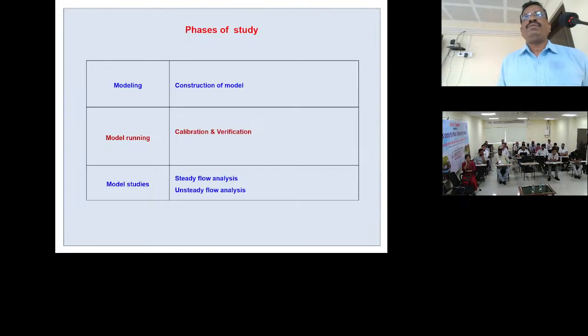After that, for verification, other similar data also we have to use to check whether the model is working properly or not. This type of verification is also done before going to the model studies. In model studies, we are doing steady flow analysis and unsteady flow analysis at CWPRS.